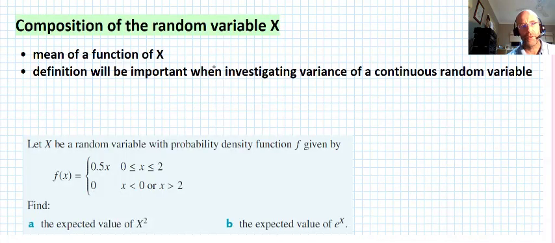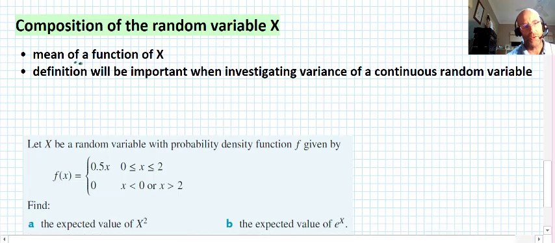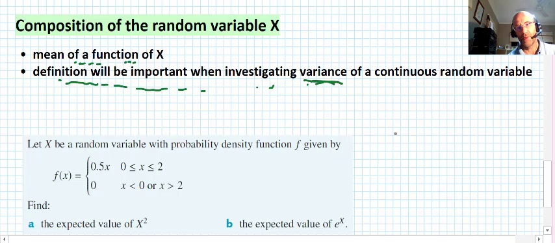Now a variation on this is what's called the composition of the random variable x. So it's not just the mean of x, it's the mean of a function of x. So it's like a function of some sort of variable. This will be important also when we soon look at the variance of a continuous random variable.